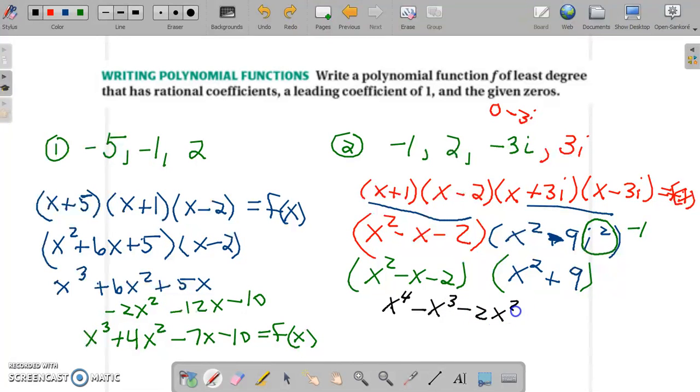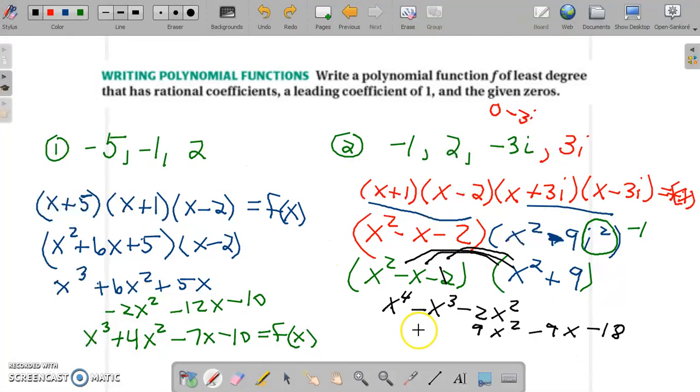And that was just me multiplying the x squared times everything. Okay, and then we got to do the same thing with the 9. So that's going to be a 9x squared, negative 9x, minus 18. That was 9 times x squared, 9 times x, 9 times 2.